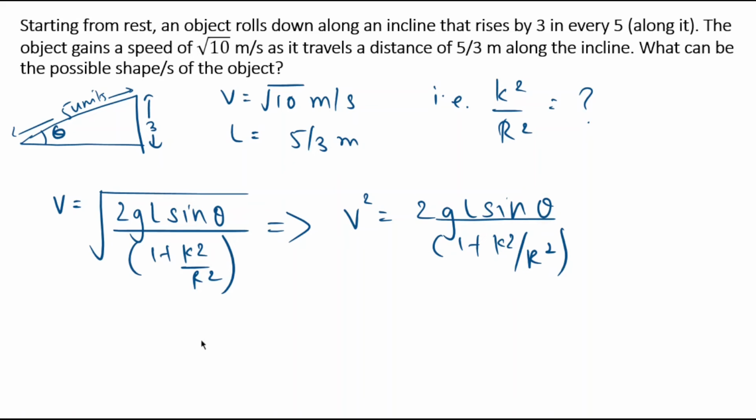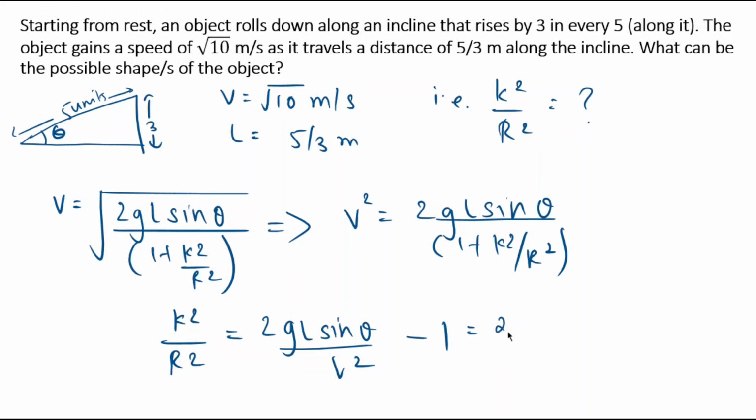Now separating k square by r square, the equation boils down to k square by r square equal to 2 g L sin theta upon v square, minus 1. So putting all the values, 2 into, let's take g as 10, into L was 5 by 3 and sin theta.